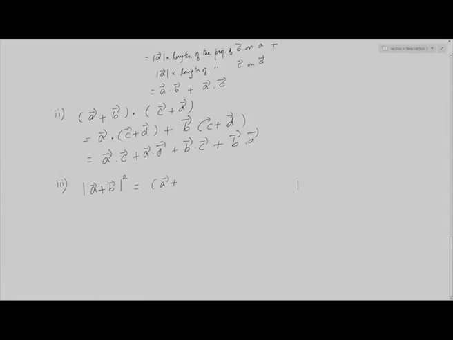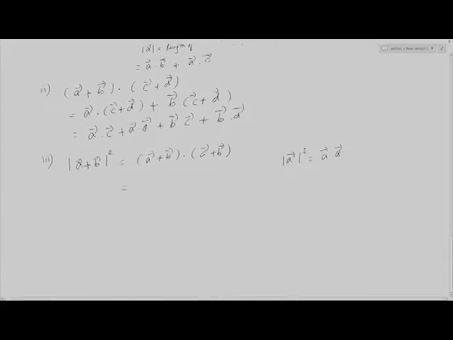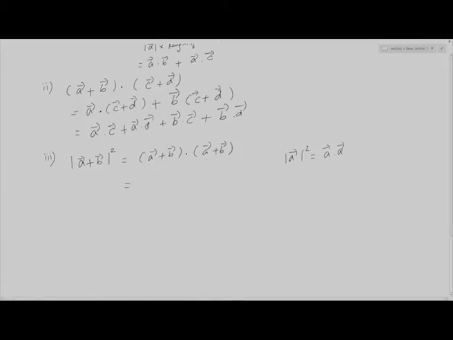By definition, mod A square is equal to A dot A. Mod A is equal to the square root of A dot A. So, therefore, it is A plus B dot product with the same vector A plus B, and by the previous property, it becomes mod A square plus mod B square plus 2 times A dot B, because A dot B is the same as B dot A. This is one property.